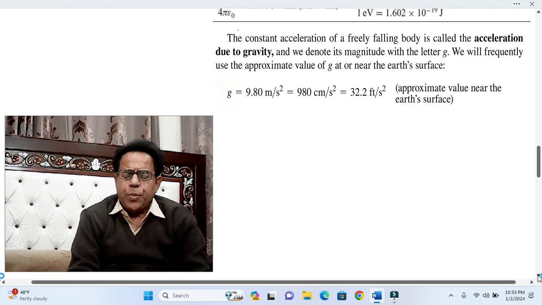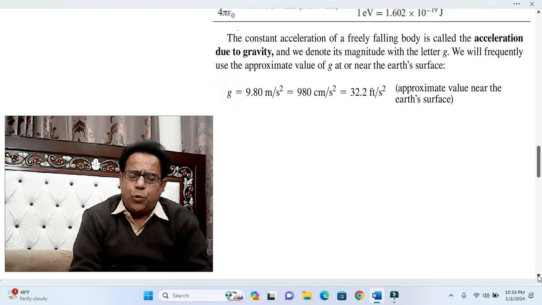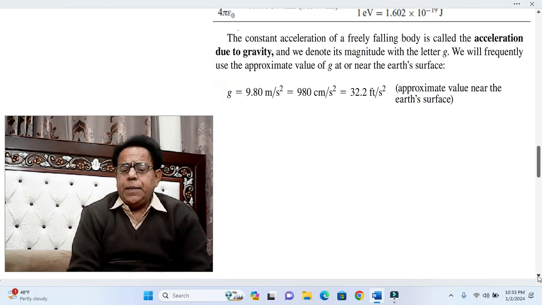Next, acceleration due to gravity. The constant acceleration of a freely falling body is called the acceleration due to gravity, and we denote its magnitude with the letter small g. We will frequently use the approximate value of g at or near the Earth's surface as 9.80 meters per second squared, or 980 centimeters per second squared, because in 1 meter there are 100 centimeters.